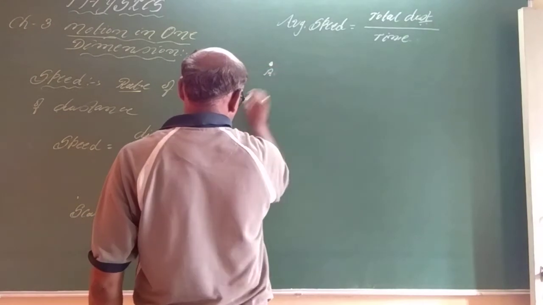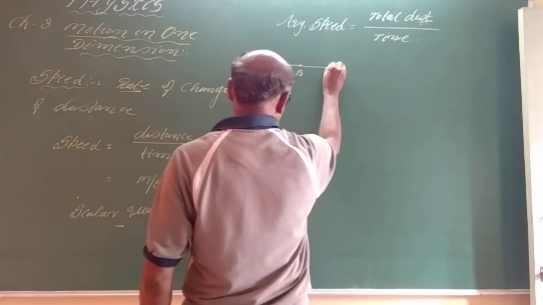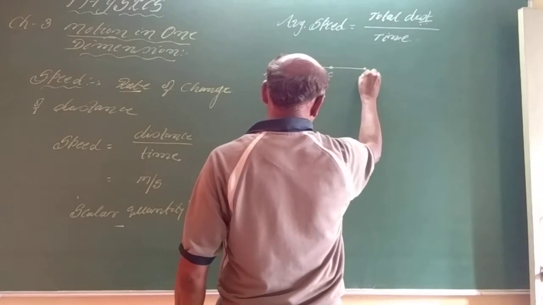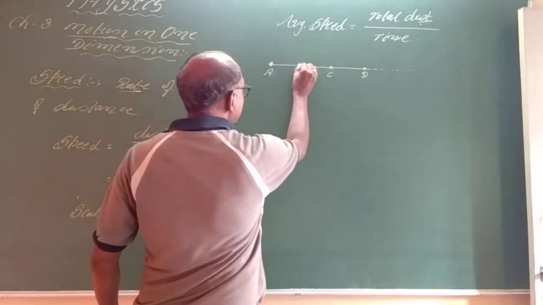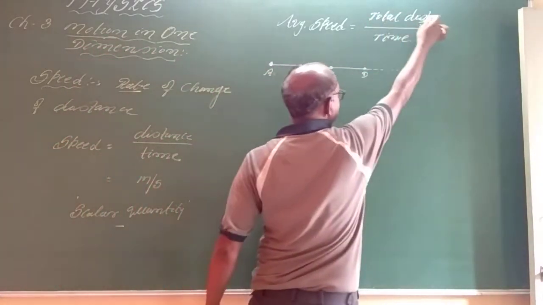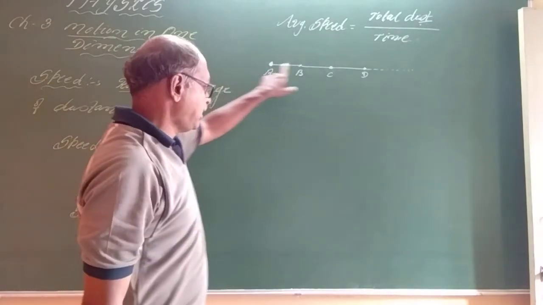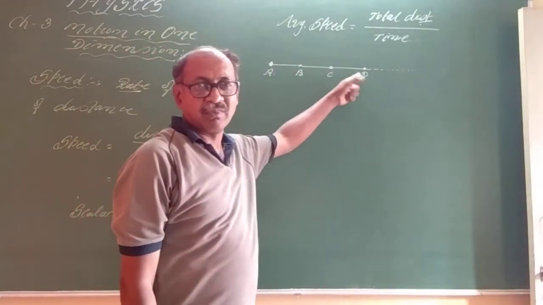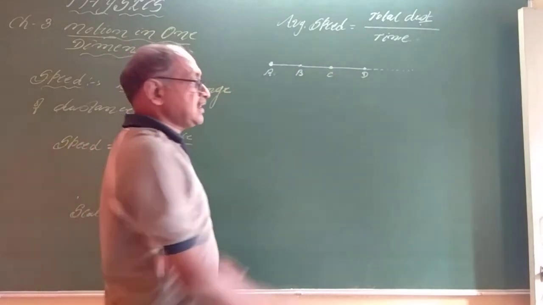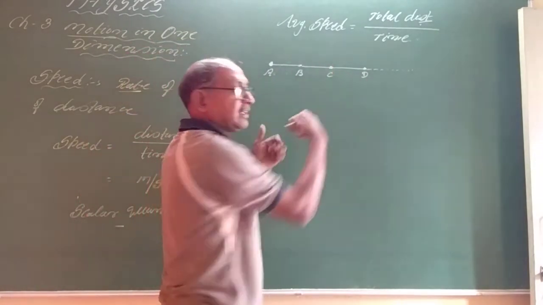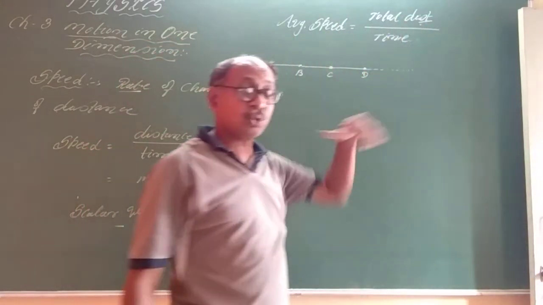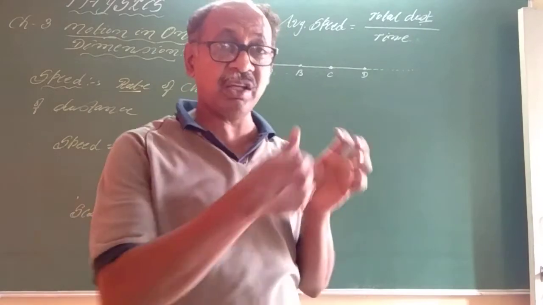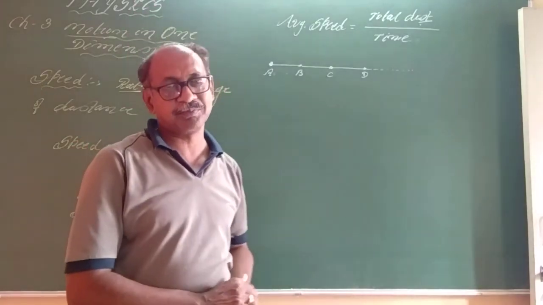Let us say there is a point A, and it reaches point B, then point C, then point D. The total distance is A to B plus B to C plus C to D. Then the time taken is 1 second, 2 seconds, 3 seconds, and so on. Therefore, the total distance travelled divided by the total interval of time is the average speed we can calculate.